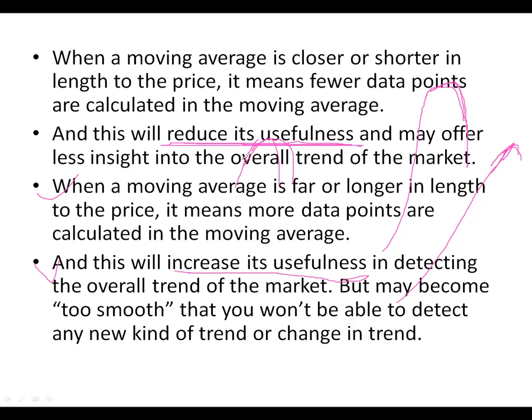The problem with the closer one is that sometimes it will give you some false directions. This one will filter out those false directions. But when a new direction is about to form, the longer or the wider one will not be able to see that on time.